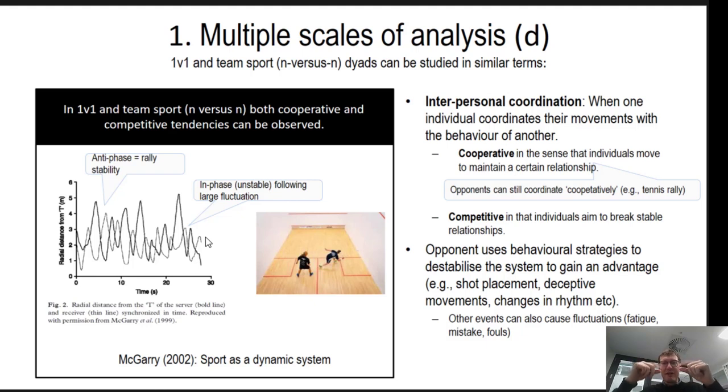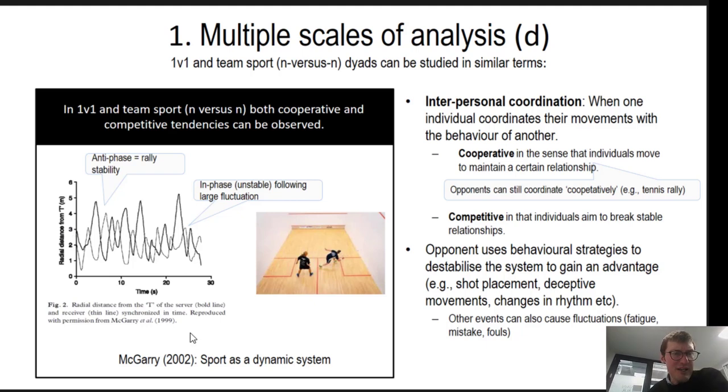This was an in-phase coordination pattern where my index finger is meeting my thumb at the same time as the other finger, and also achieving the apex at the same time. Whereas anti-phase is where one hits the apex and the other hits the thumb, and vice versa. And we see these same sorts of stable relationships emerge in one-on-one situations.